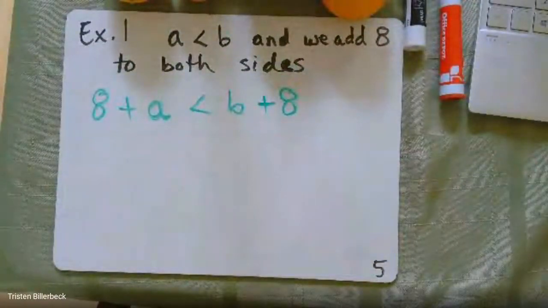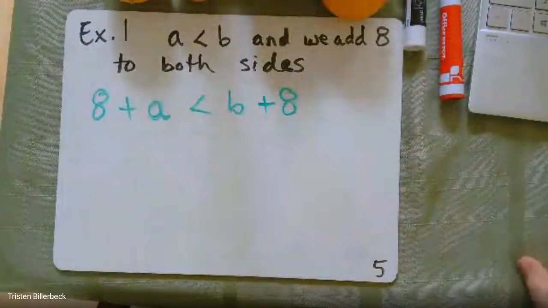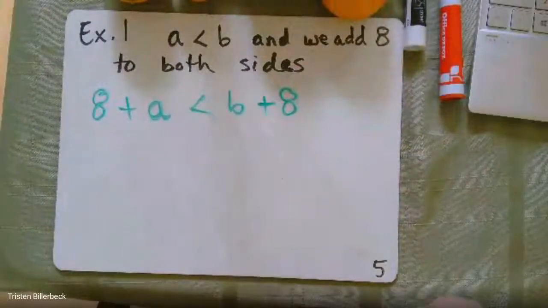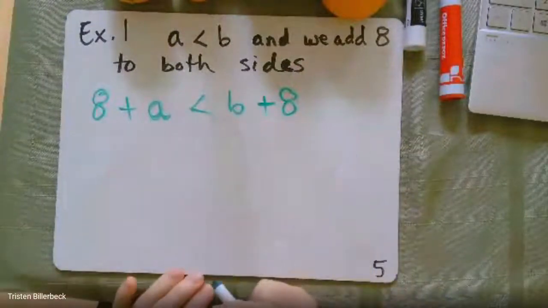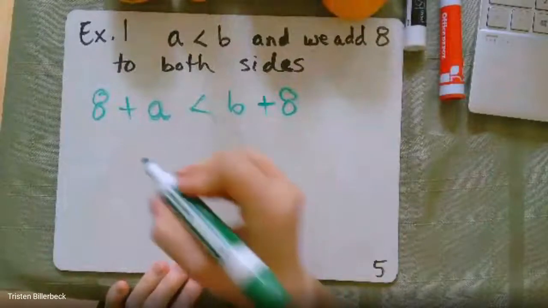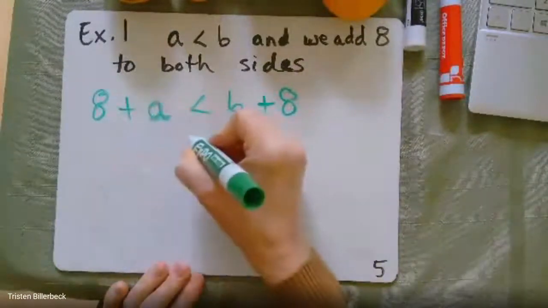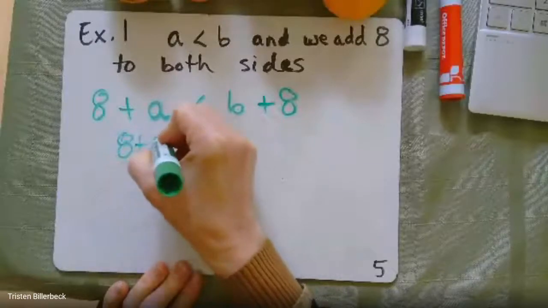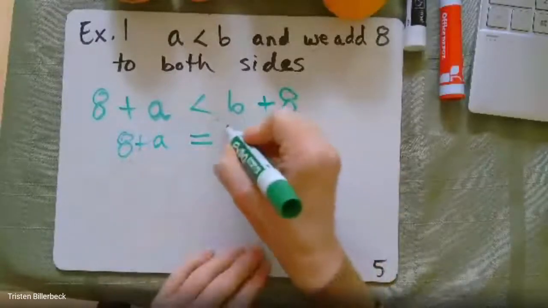A quick way to do this is I'm going to teach you something a little ahead. Remember how I said if you wanted to solve this, put it in terms of something you're a little more comfortable with. So let's change this to an equal sign. Let's do A plus 8 equals B plus 8, and we're just doing this temporarily.